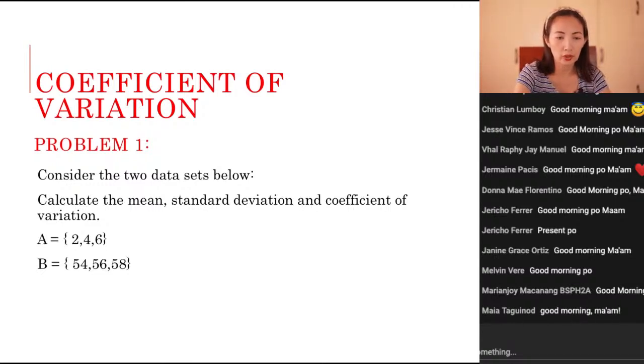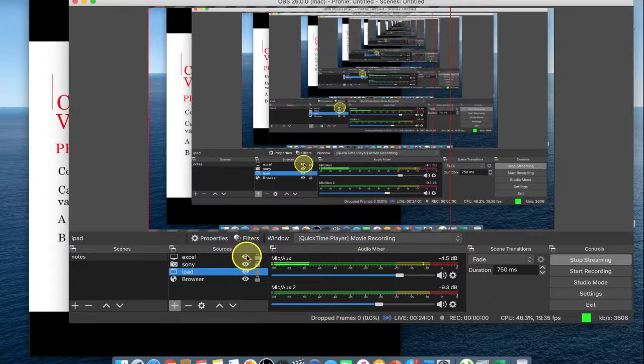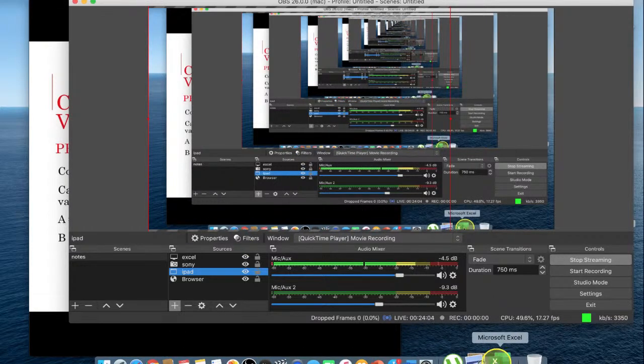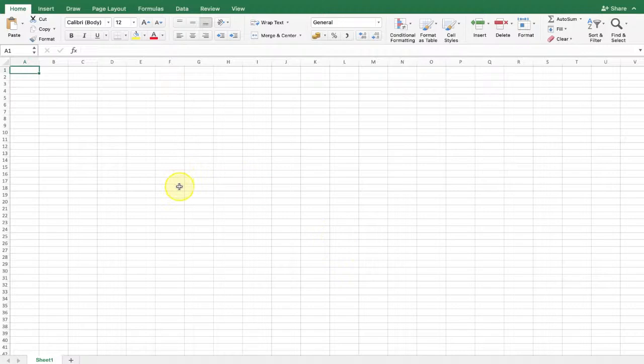Just to show you how to use the Excel function in solving for the mean, standard deviation, and variance, let's label set A and set B to distinguish between them.